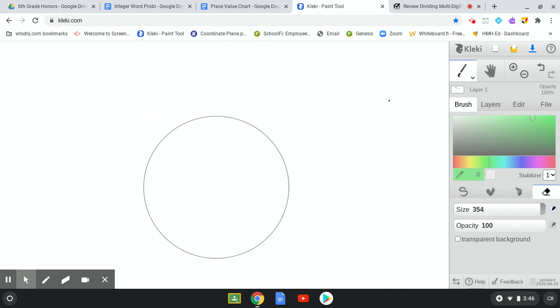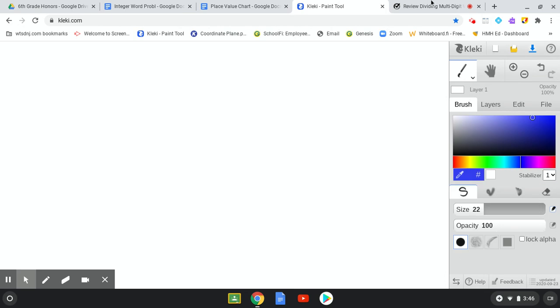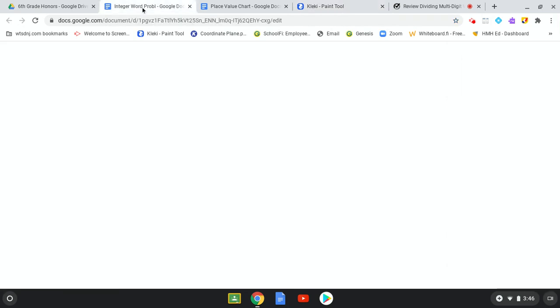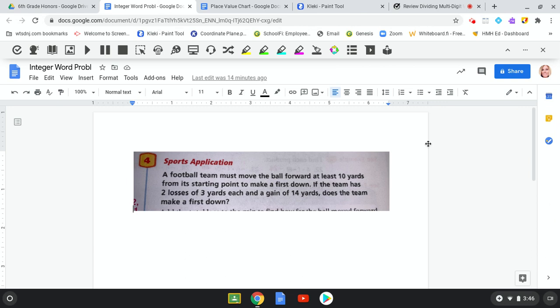Let's take a look. All right. So I have this problem here. It says a football team must move the ball forward at least 10 yards from its starting point to make a first down. If the team has 2 losses of 3 yards each and a gain of 14 yards, does the team make a first down?